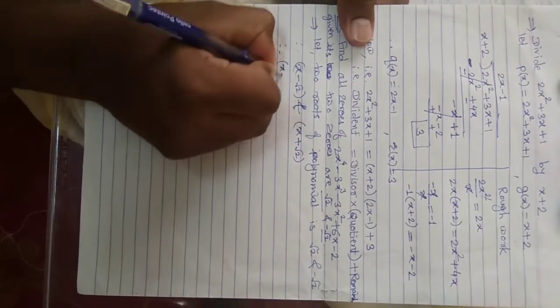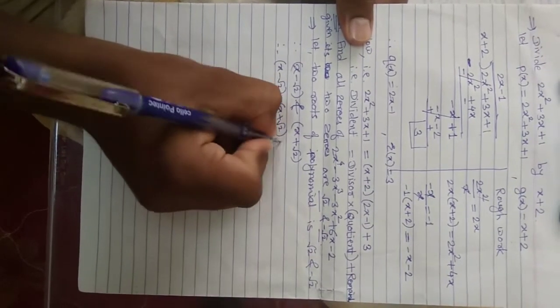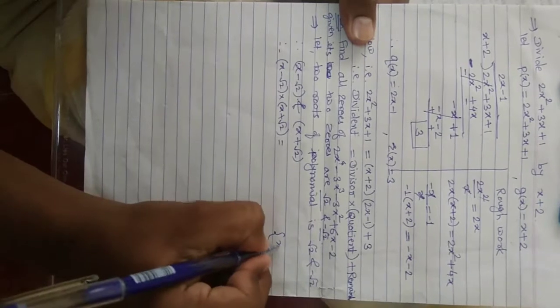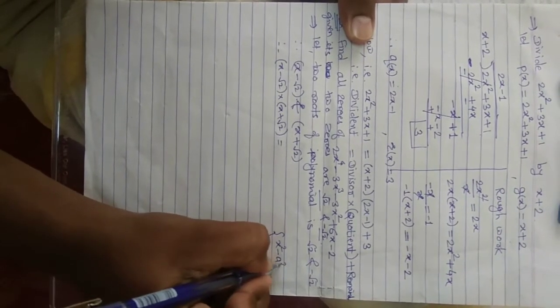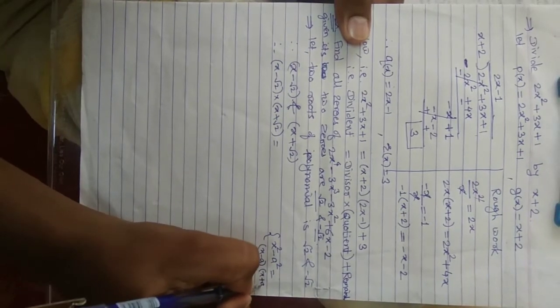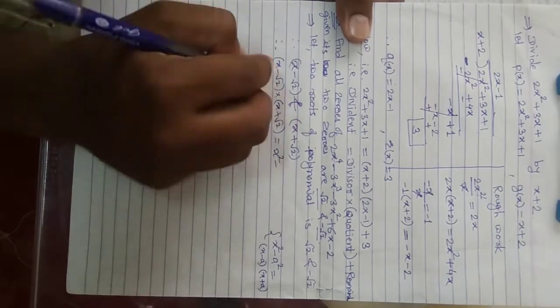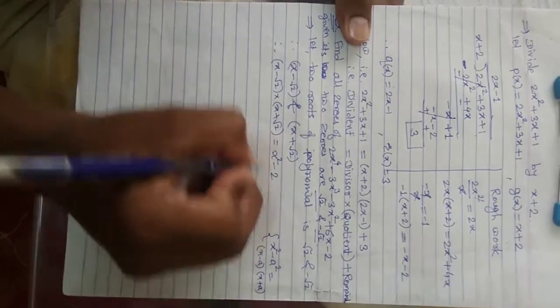Now x minus root 2 into x plus root 2, by using the formula x square minus a square equals x minus a into x plus a, we get x square minus root 2 square, that means x square minus 2.